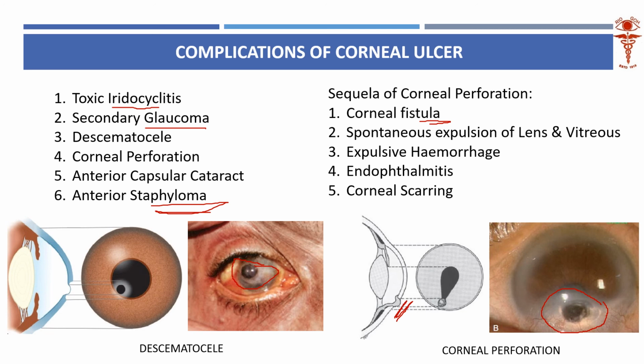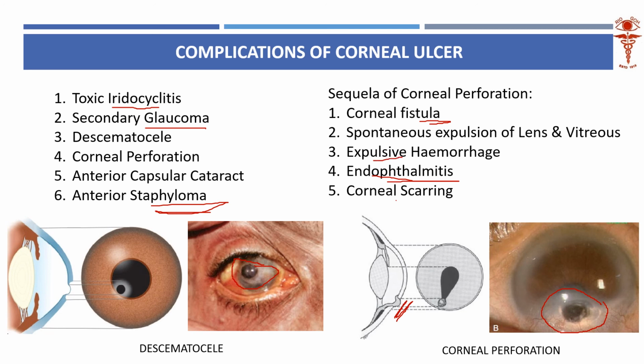There can be endophthalmitis. Endophthalmitis is where infection from the cornea migrates to the interior of the eye and develops a full-blown infection of the whole of the inner chambers of the eye. Corneal scarring is the final outcome, leading to a corneal opacity.